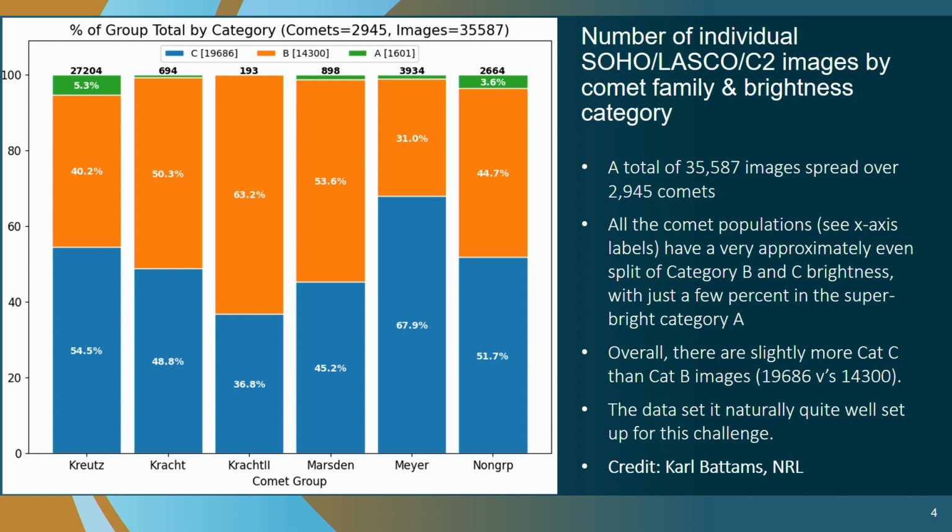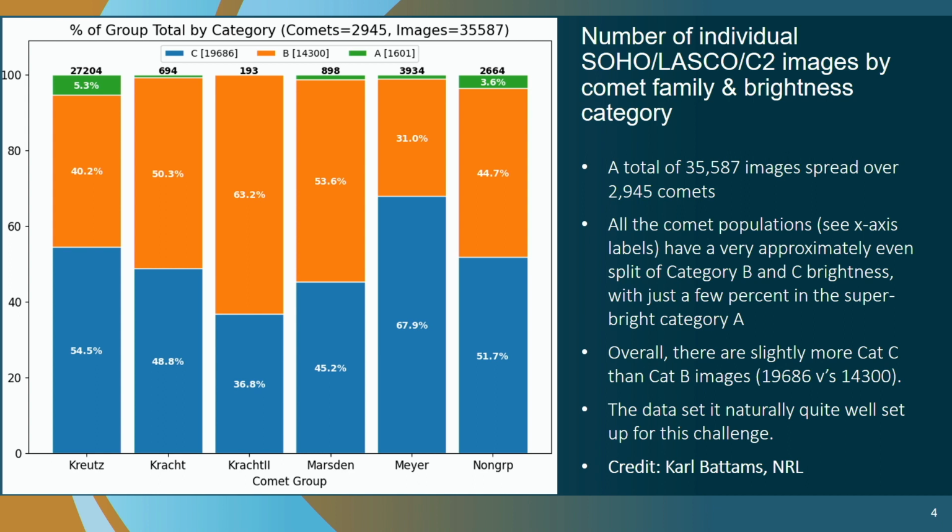You see here the distribution of brightness of different comets in each category. As you can see, green shows you the brightest comets, and there are not very many of them. Orange shows you medium brightness comets, and blue is the faint category.